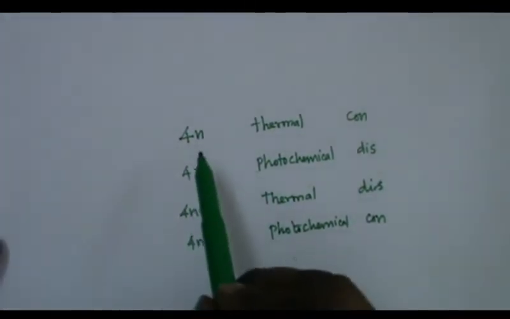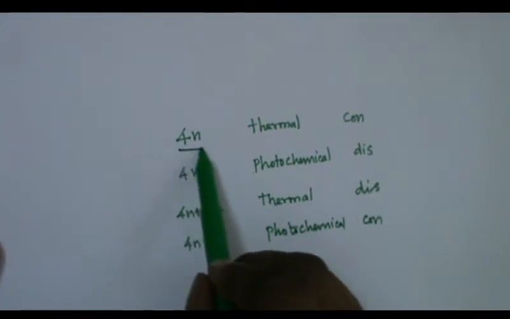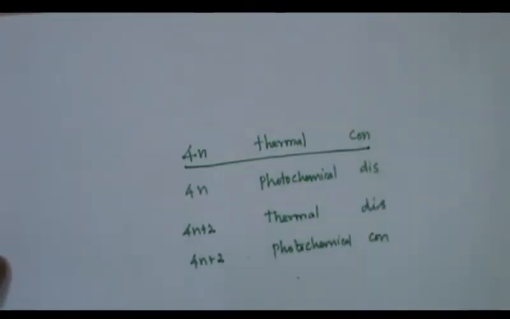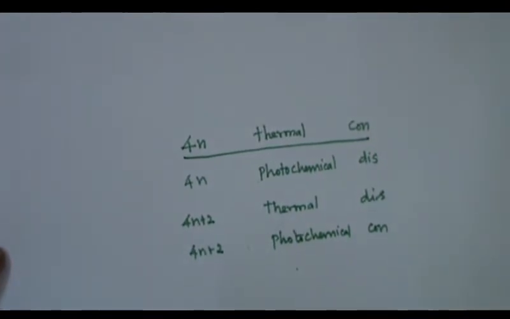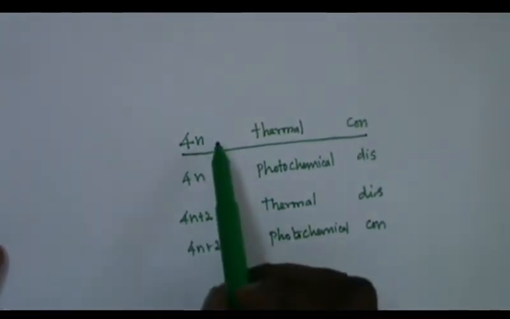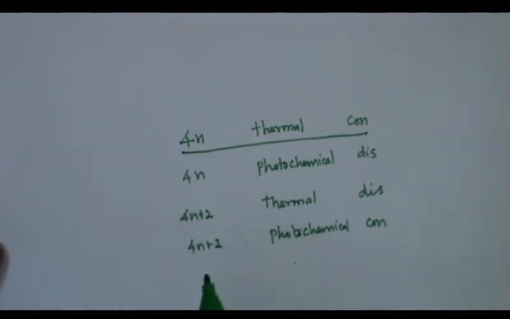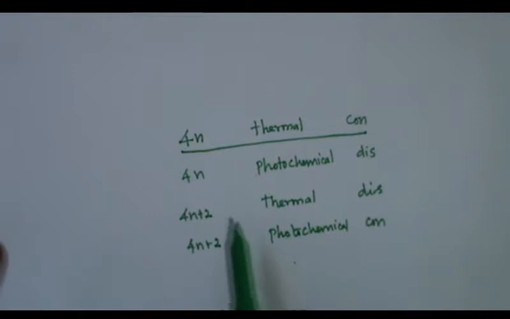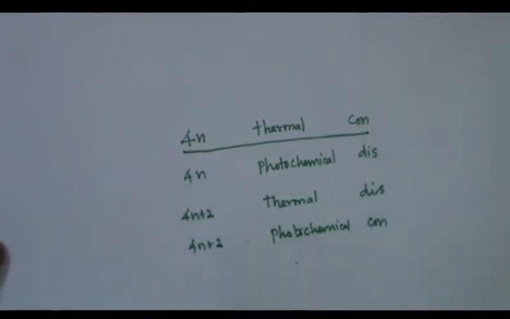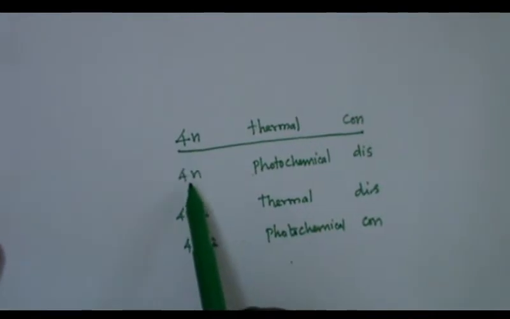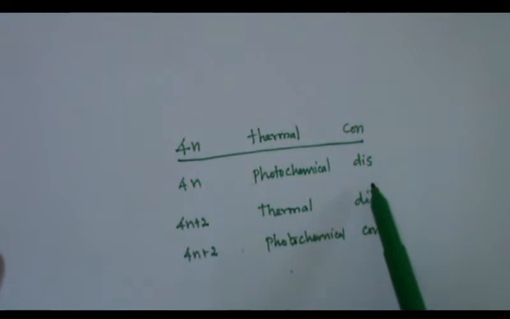When I was a student, I just remembered the first one, that is 4N thermal con. If you know this, you can write the other condition by simply going for the opposite one. For example, 4N thermal it is con, so photochemical it should be dis.